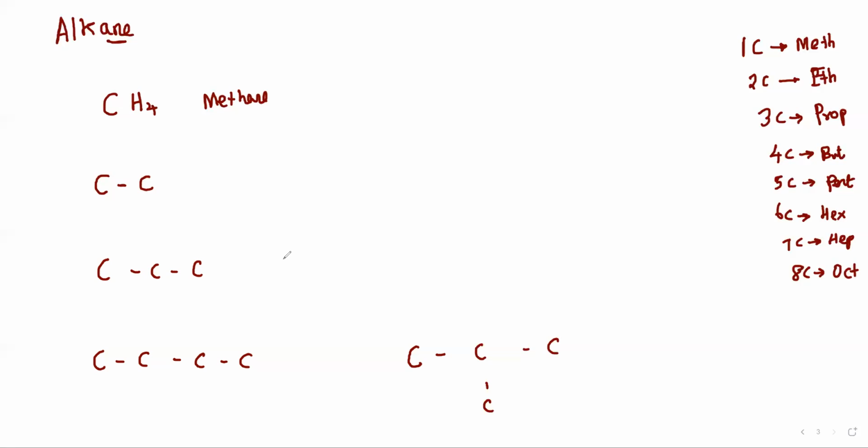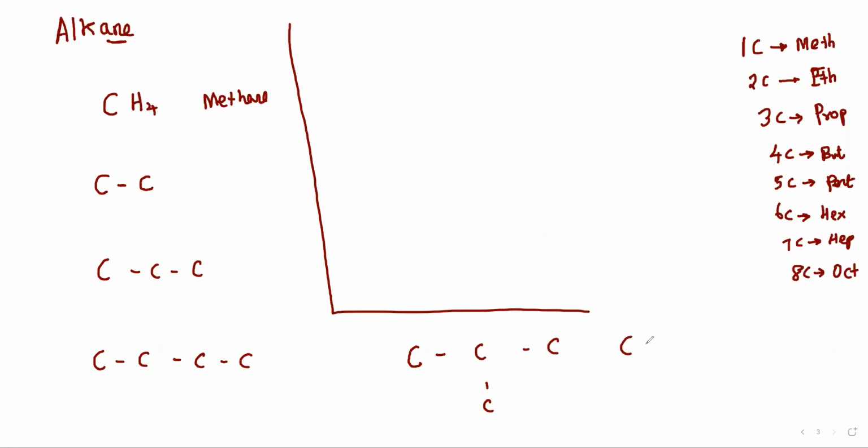For 3 carbons also we cannot put a branch. This CCC and this CCC are both the same only. For the sake of writing, if I write like this, it doesn't mean that it is a branch structure. A branch structure should be like this: triple C with one branch carbon. So in 4 carbons, we may have a branch structure. Do you get that? Yes. Okay.